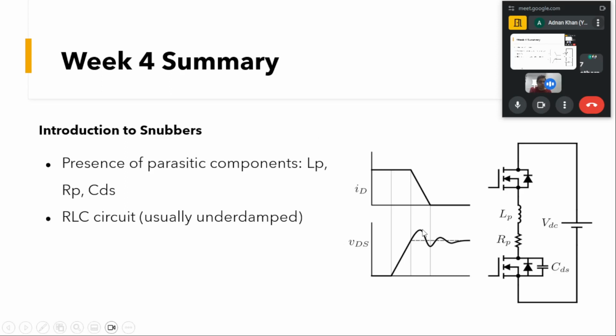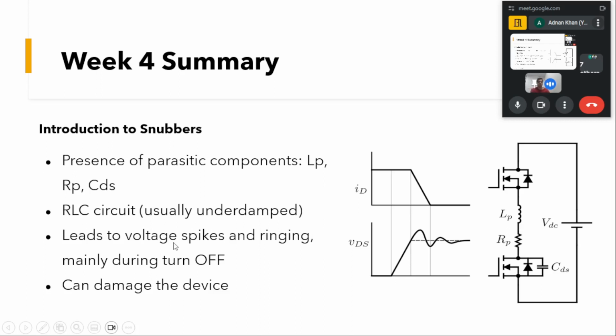If this peak value goes beyond the rating of the device, it may cause damage to our device. So why we need a snubber is, we have to think of a way where we can limit these ringings, this dv by dt of the device, which can cause harm to our devices.